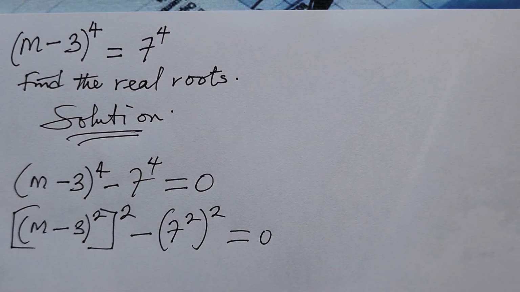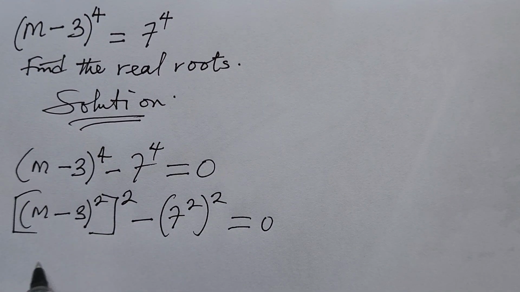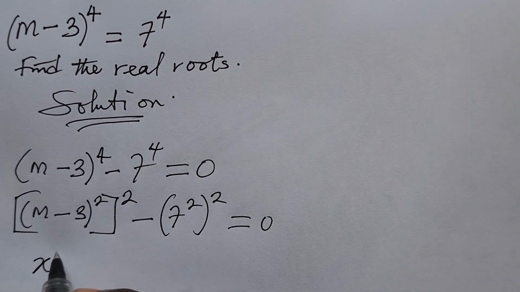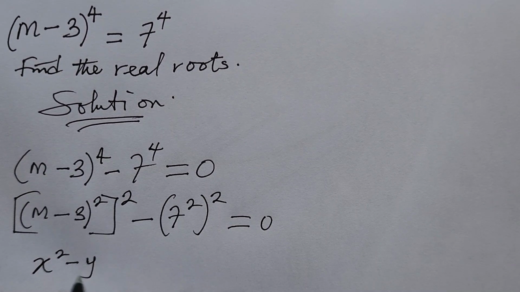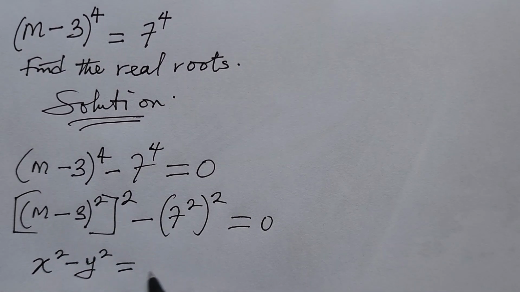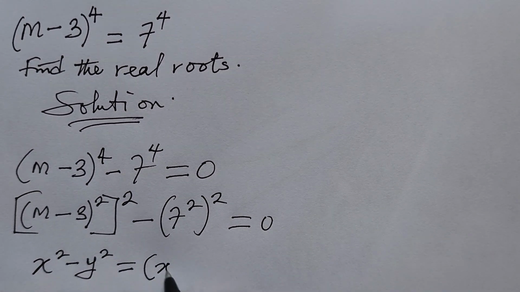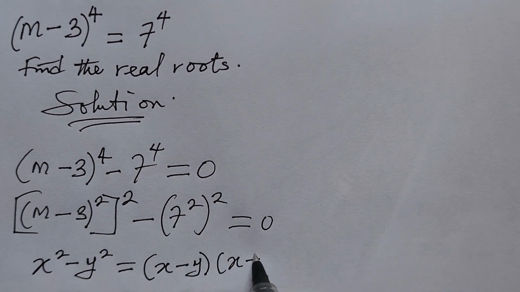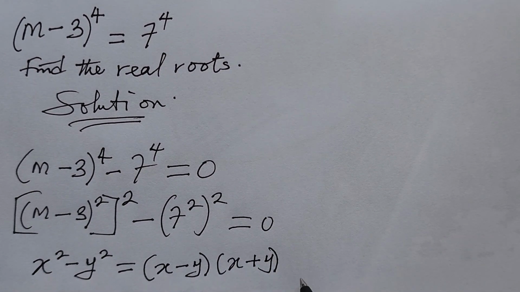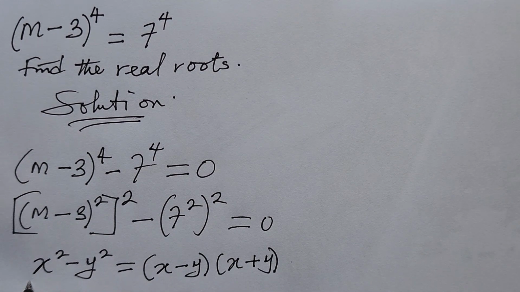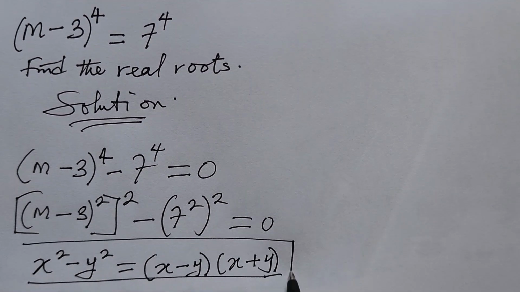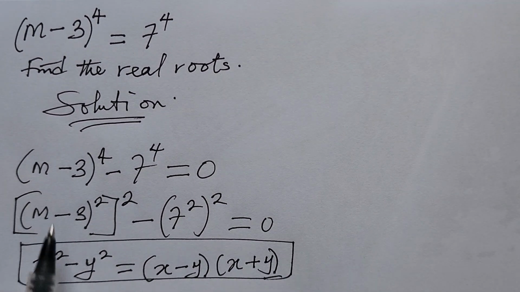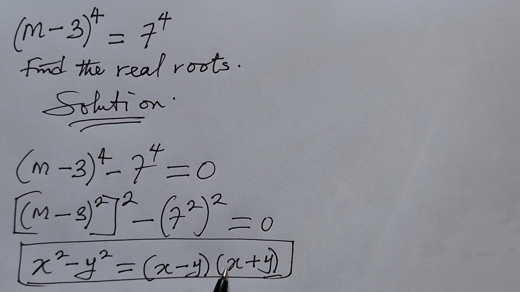What does the difference of two squares say? It says that if you have x^2 − y^2, this is equal to (x − y)(x + y). This is called the difference of two squares, as we all know, and we can rewrite it in this format.